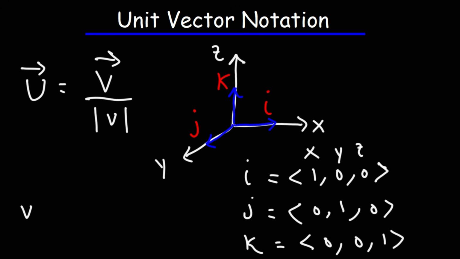Now the vector v, we can express it in terms of the unit vectors i and j if we have a two-dimensional vector. And we can also write it this way.